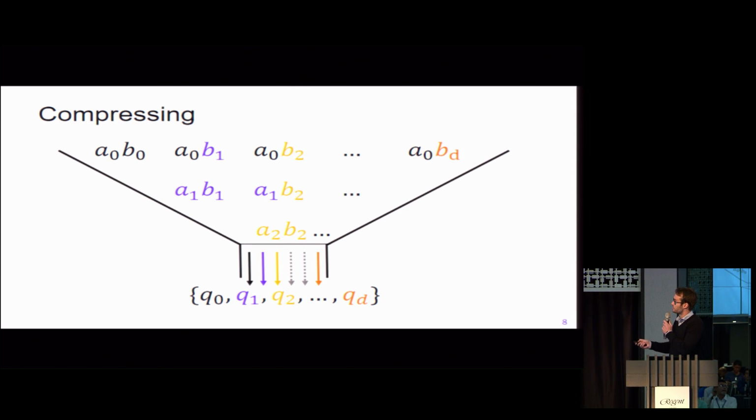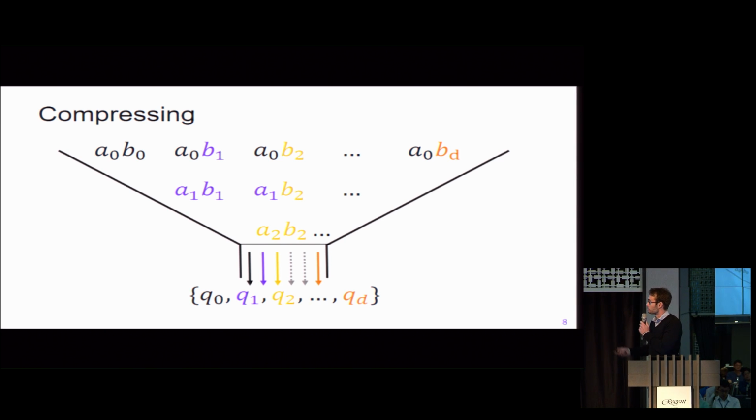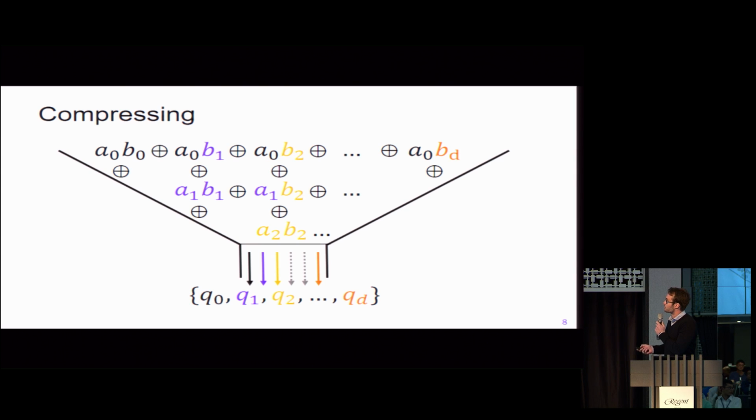So we want to take the terms from the multiplication before and compress them again into the minimum amount of shares that we can have, which are D+1 shares. And so we need to add up these terms. But the difficulty here is that none of these terms is really allowed to come together directly.